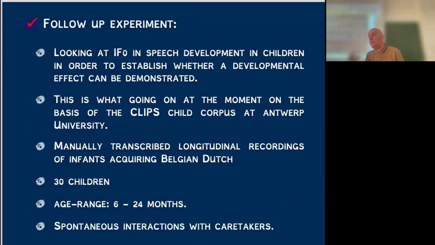The caveat is, of course, that the design is quite unbalanced. We've got quite a large number of children with typical hearing and 2 small groups of children with hearing impairment, 10 in total, versus 40 with typical hearing. That is something we need to deal with by having a larger sample of children with hearing impairment.